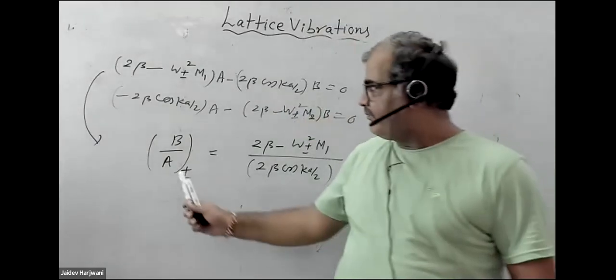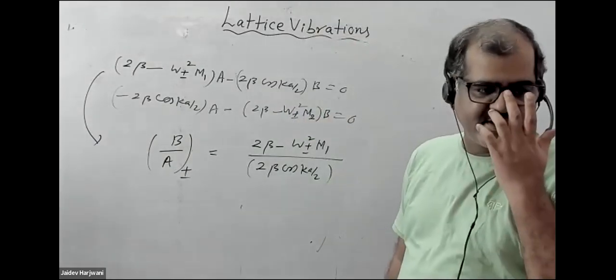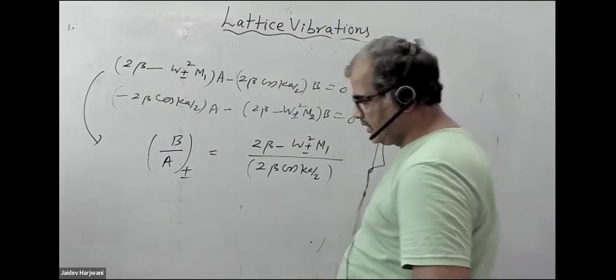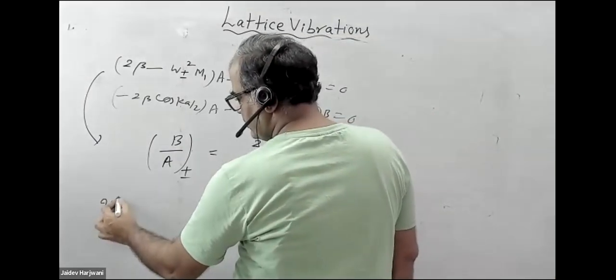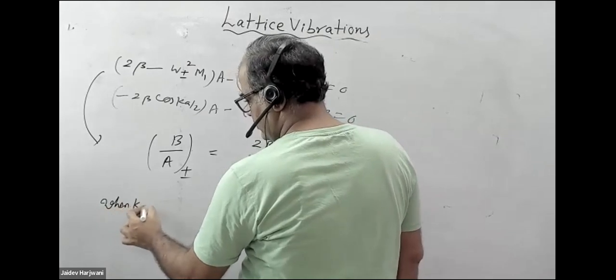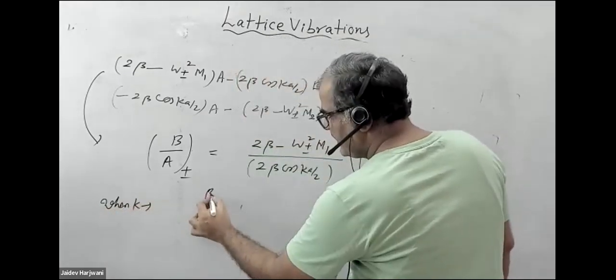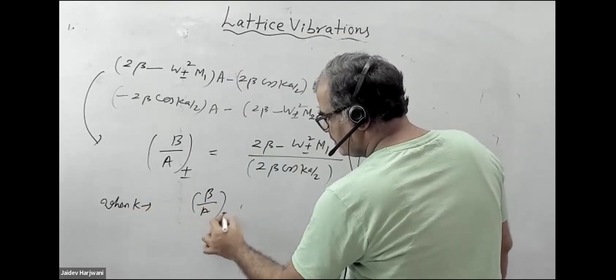Now let me calculate this b by a in the region k tends to 0. So when k tends to 0, what will b by a become?